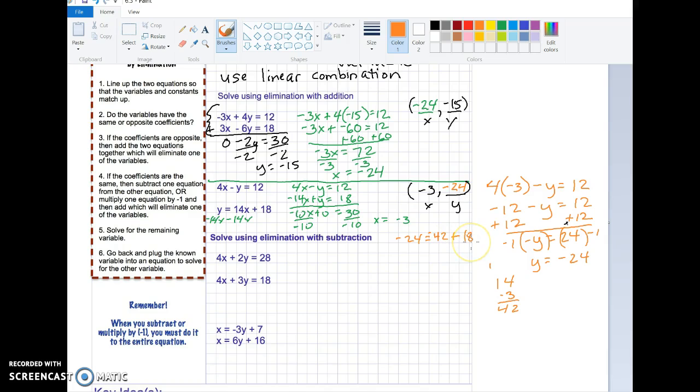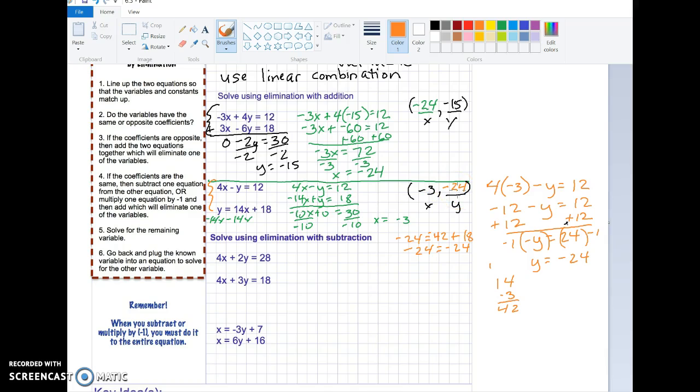When I add negative 42 and 18 together, I get negative 24. And so the second one works as well. So my solution to this system of equations is negative 3, negative 24.